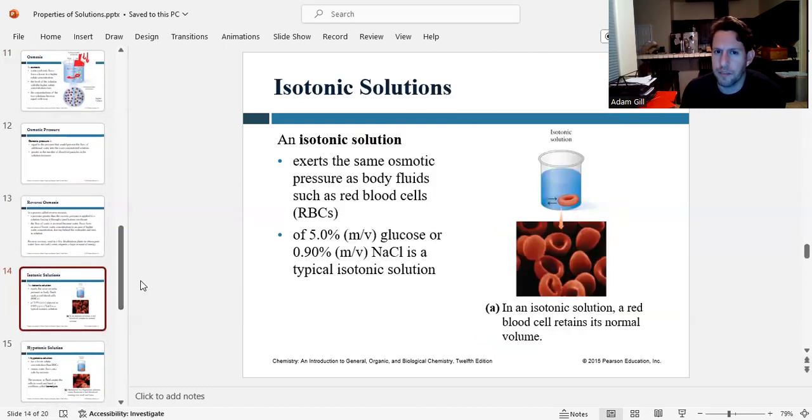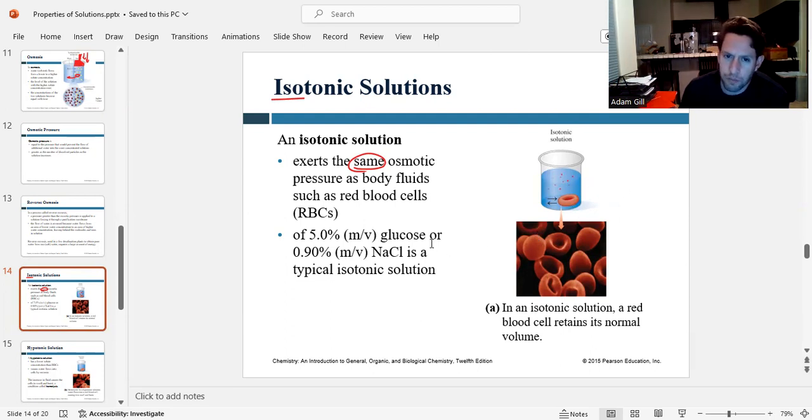So now that we've talked about osmosis, let's talk about what happens to a cell, specifically a red blood cell, when you place it in different solutions. So the word isotonic means same. And so we mean that the concentration of particles in the solution here is the same concentration that's inside the red blood cell.